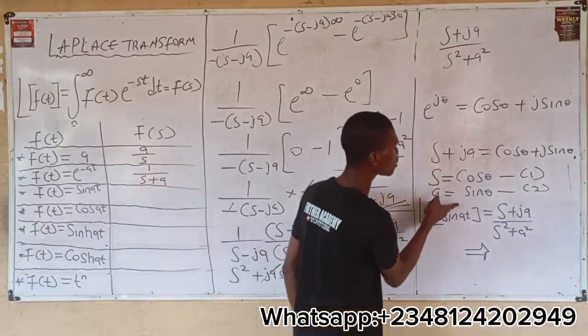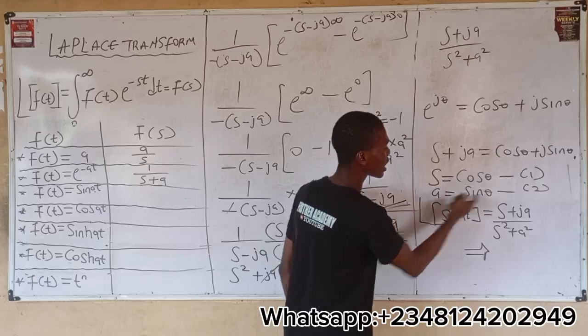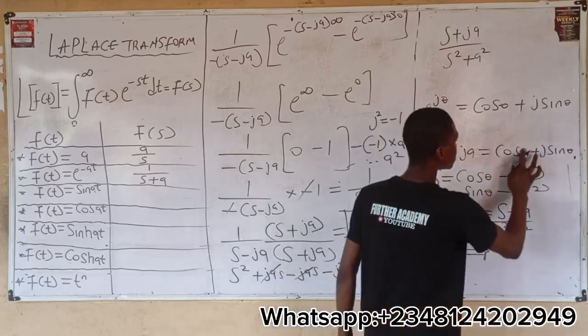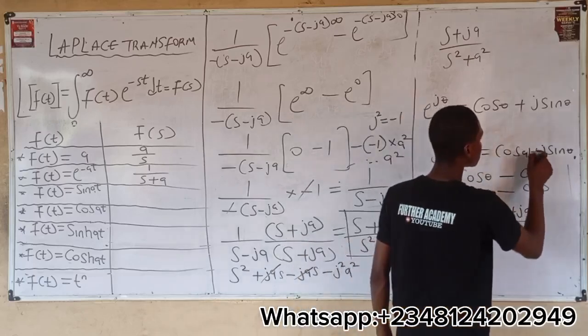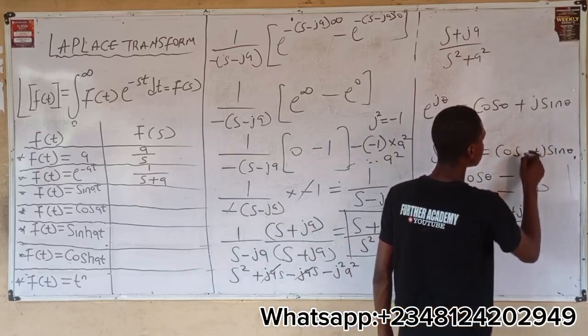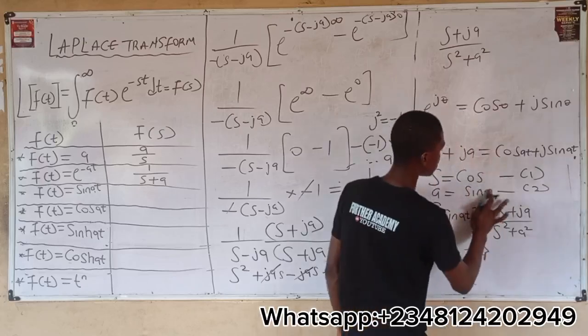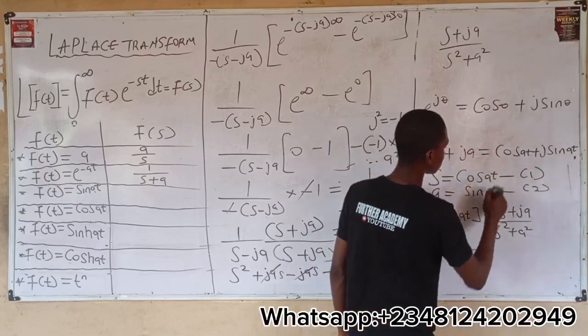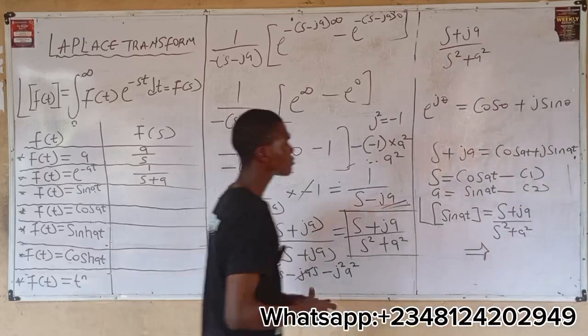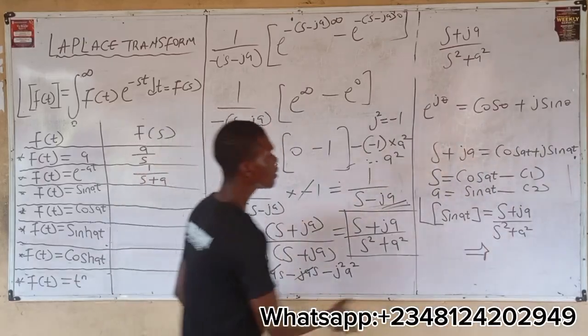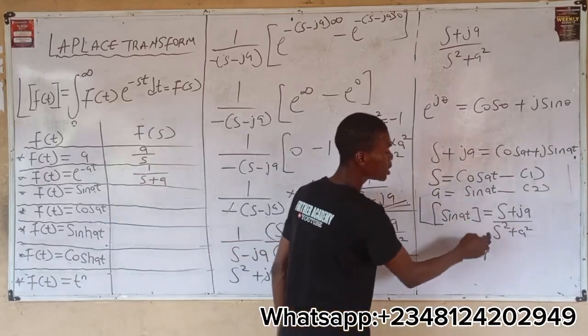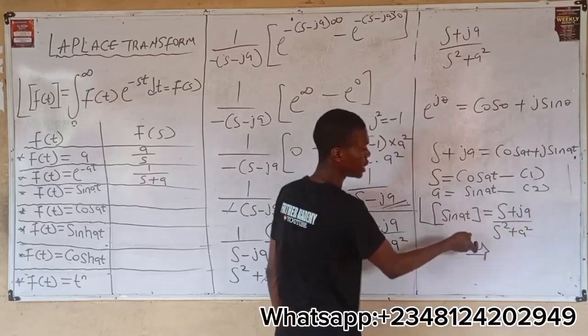And from equation 1 and equation 2, we've seen that sine theta, okay, let's use at. Since I'm working with at, say this is at. I'm transforming sine at, meaning up to this level, this would have been the transform of sine at.